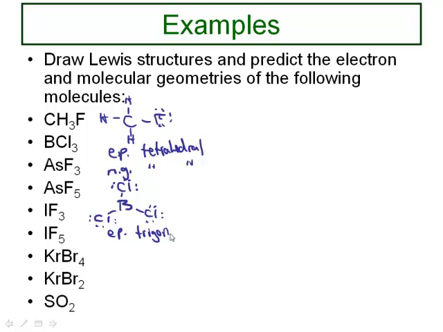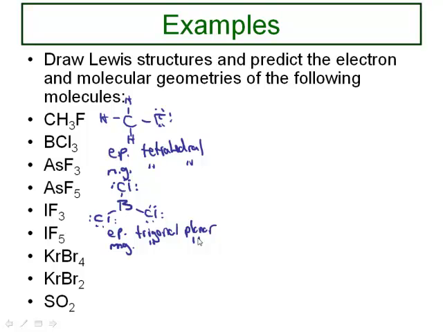Trigonal planar, that is correct. It's trigonal planar because there are only 3 pairs of electrons around the central atom. What is the molecular geometry going to be? Exactly the same, trigonal planar, because there are 3 bonded atoms. That is correct.